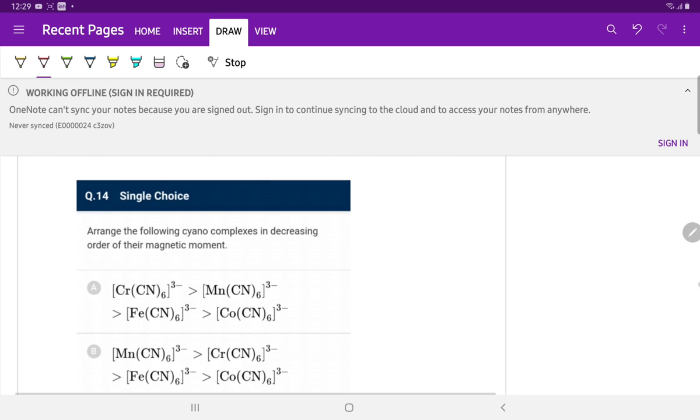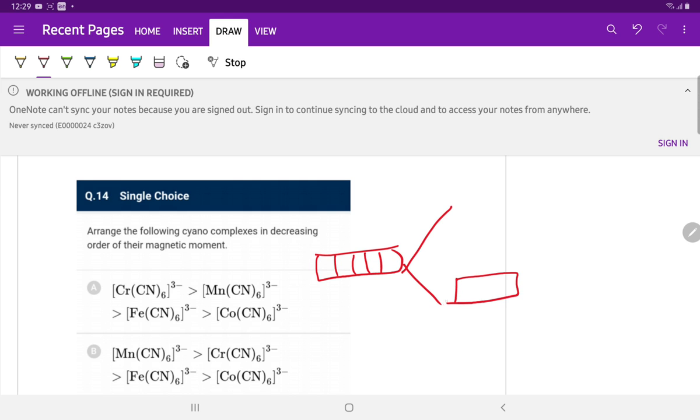We'll move to question number 14. Arrange the following cyano compounds in decreasing order of their magnetic moment. This is the d subshell. In the splitting of an octahedral complex, this is t2g and this is eg. [Cr(CN)6]3-, Cr3+ is a d3 configuration, so the number of unpaired electrons is 3.